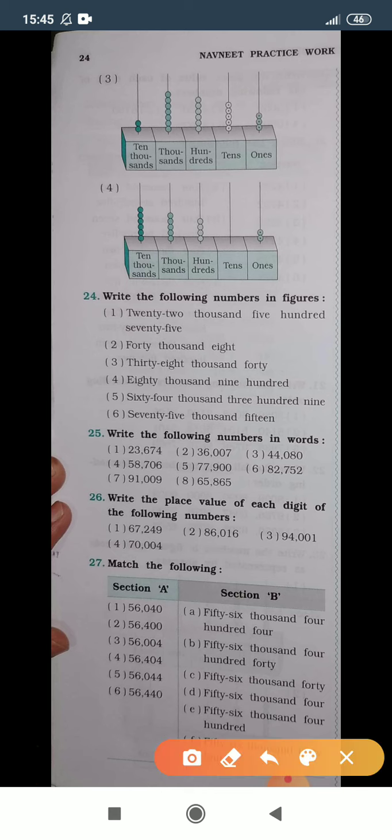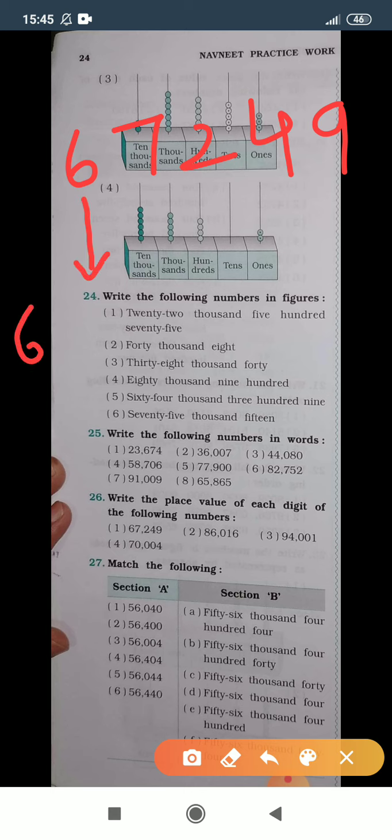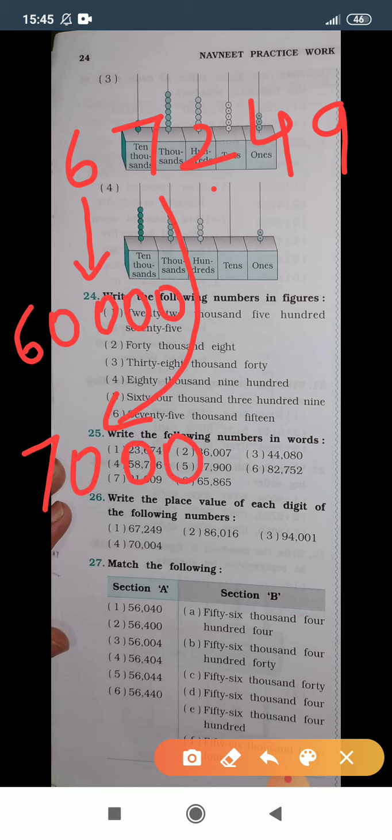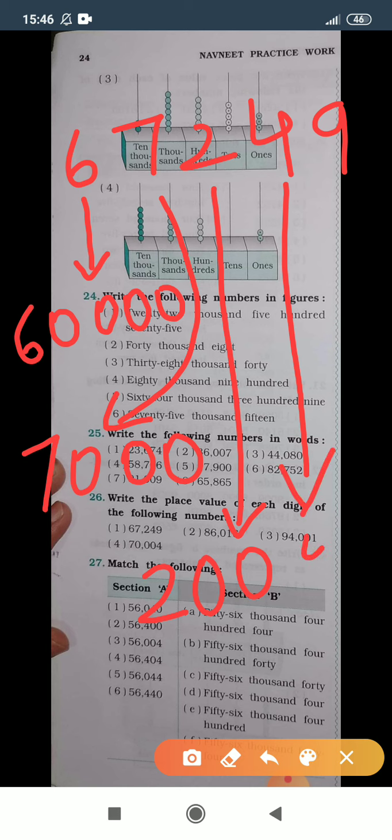Let's start. 67,249. 6 is on 10,000 place, that means 6 and 4 zeros. 7 is on 1000 place, that means 7,000. 2 is on 100 place, that means 200. 4 is on tens place, that means 40, and 9 is on ones place, that means 9.